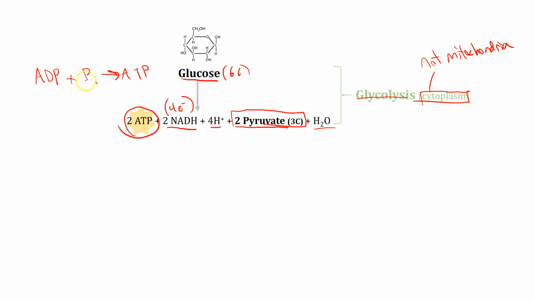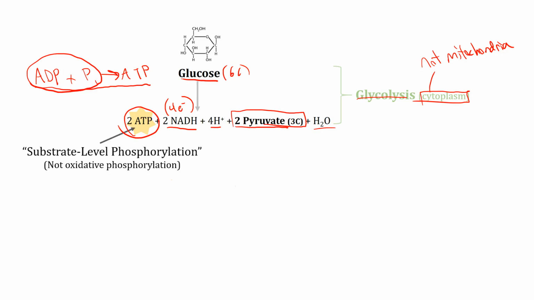So it's the same kind of thing that you get in oxidative phosphorylation. It's just that what's supplying the energy to make these two bind together is not an ATP synthase per se, but the energy resulting from different chemical reactions in the cytoplasm. When this type of phosphorylation is occurring, we don't call it oxidative phosphorylation, we call it substrate level phosphorylation.